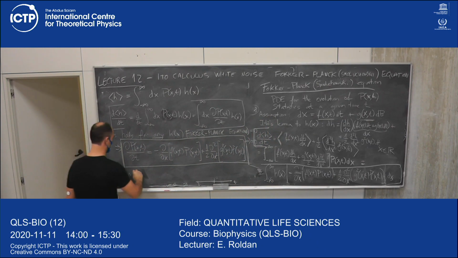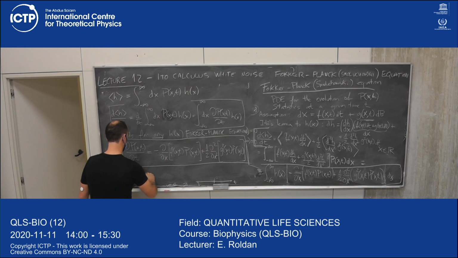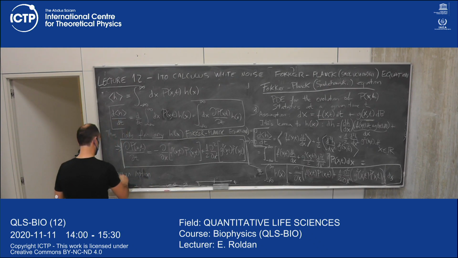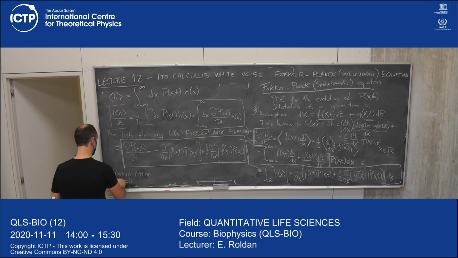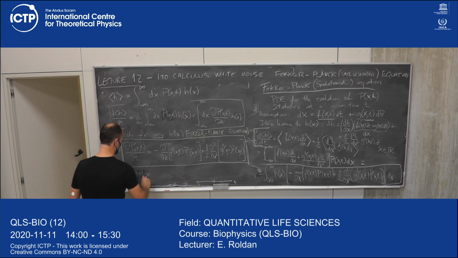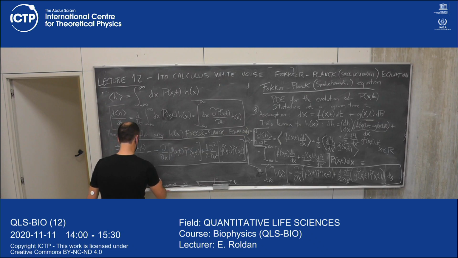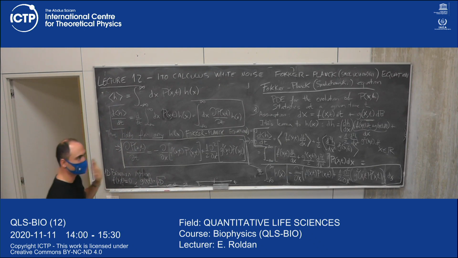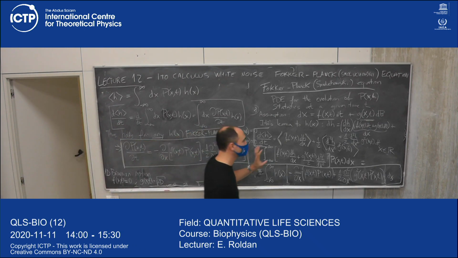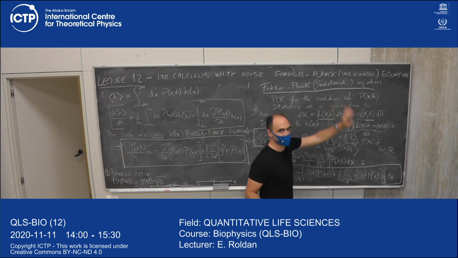Remember, in this case we have f(x,t) equals 0 and g(x,t) equals the square root of 2D. Very simple. There will be more difficult processes than this.